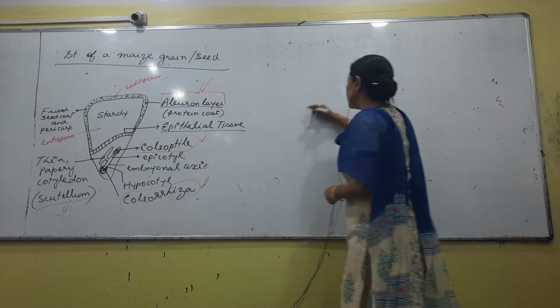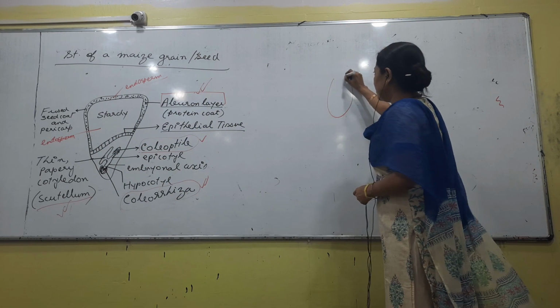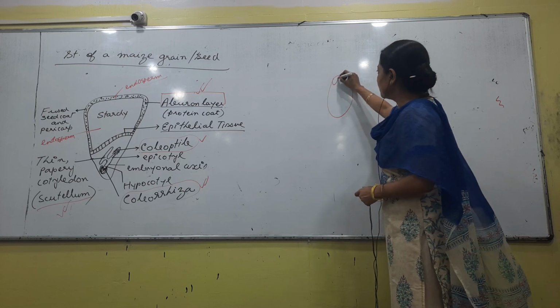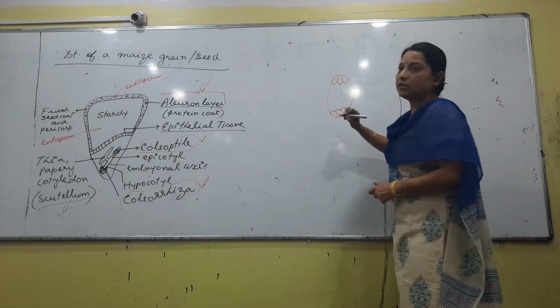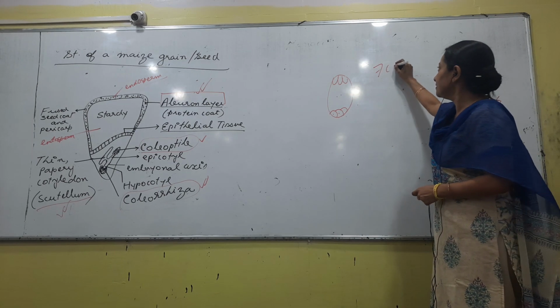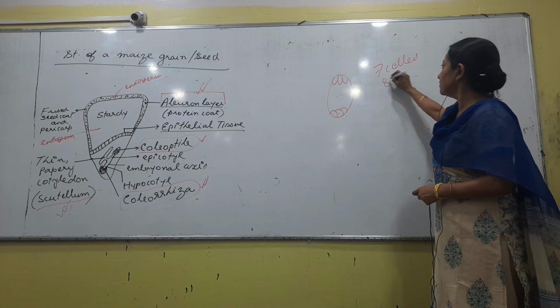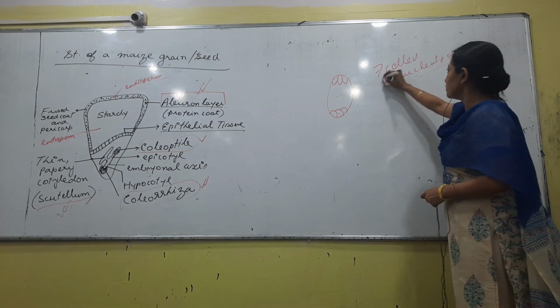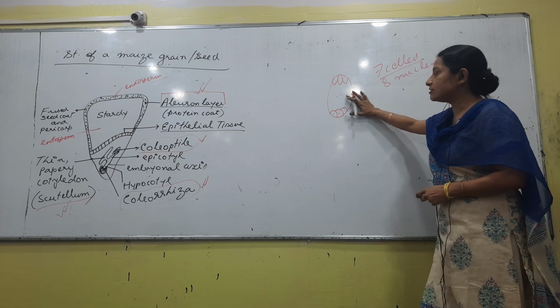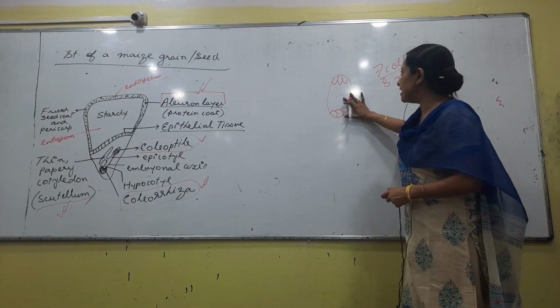Remember we have talked about a structure like this, the structure of an ovule. In case of angiosperms, this is the most common type. So after fertilization, what happens?